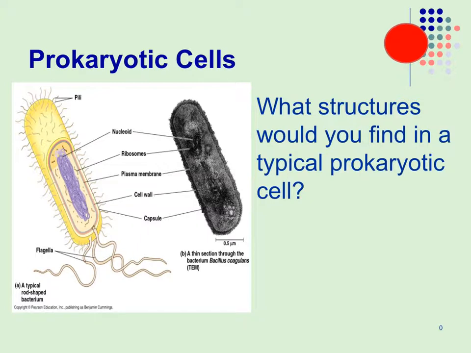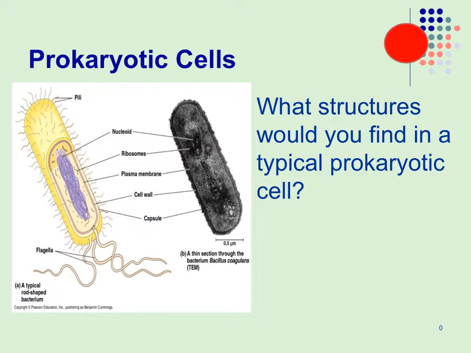Notice also that outside of the cell membrane, they have a cell wall, and that is basically an extra layer of protection for the prokaryotic cell. Some bacteria are going to have a capsule that is another layer of protection that would help fight off antibiotics and things like that.